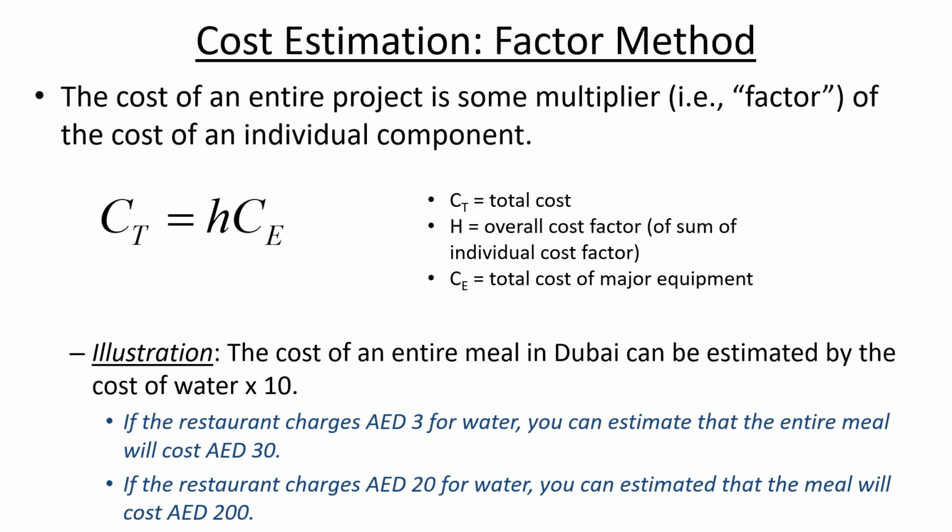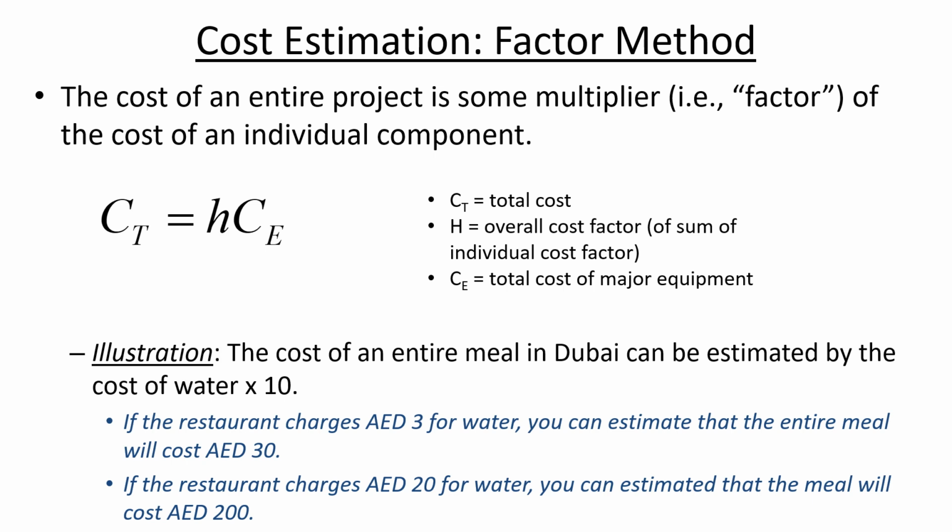So as an illustration, one thing I've noticed in my own time is that you didn't necessarily have to look at the full menu of a restaurant to know whether it was going to be an expensive restaurant or not. You just had to look at the cost of one thing, a bottle of water. And so if you go to a restaurant in Dubai and see that a bottle of water is 3 dirhams, which is less than $1, then the whole meal is usually about 10 times that much.